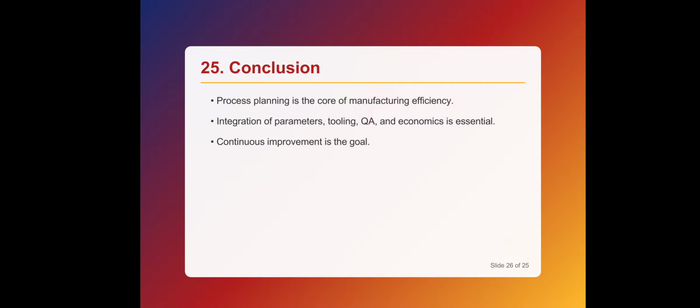The next one is documentation. Documentation is the process plan. As we told earlier, the route sheet is an example of documentation. Documentation is very much important for the process planning activities.